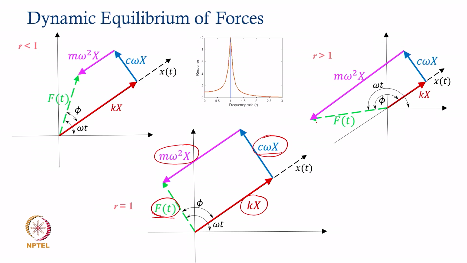You can notice that away from resonance, this force is partly countered by the damping force and partly by the difference between m omega square and kx. Whereas at resonance, the only force that counters it is the damping, the dissipating force. So, a small amount of dissipating force is going to be very useful at resonance.